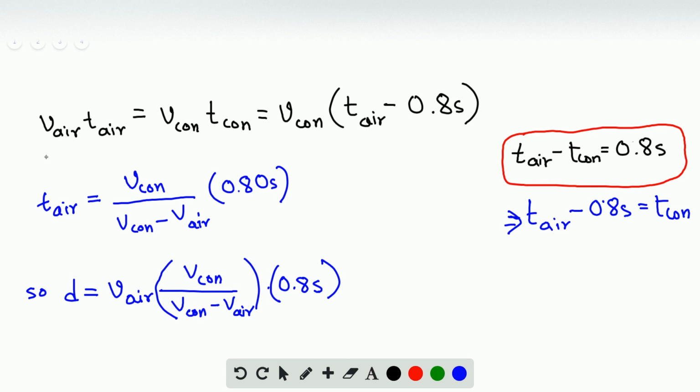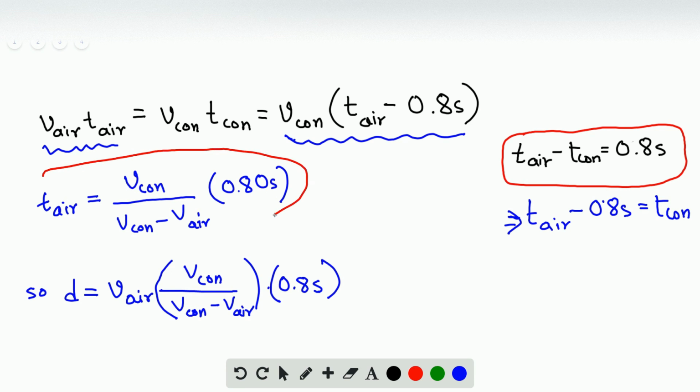Then if we look at this equation and this one, we can solve for T air from these two equations. If we solve for T air, we end up with an expression like this. You should do the derivation and see if that matches.